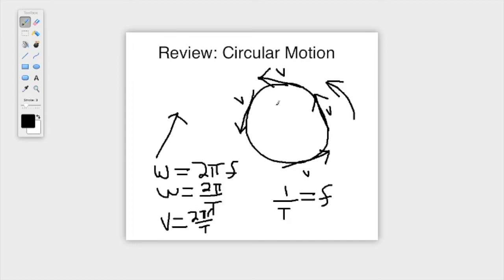So we can describe this as its linear speed. And if you just notice, 2 pi over T equals the angular speed. So we can describe velocity as angular speed times r.